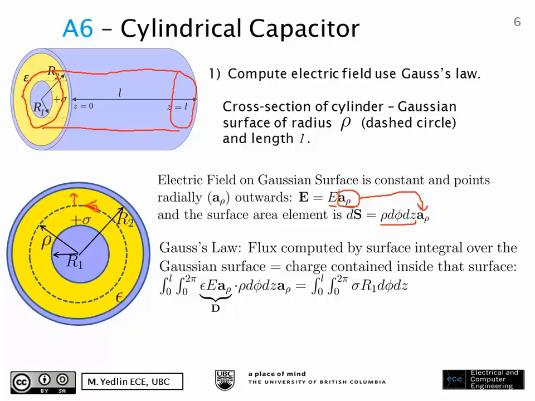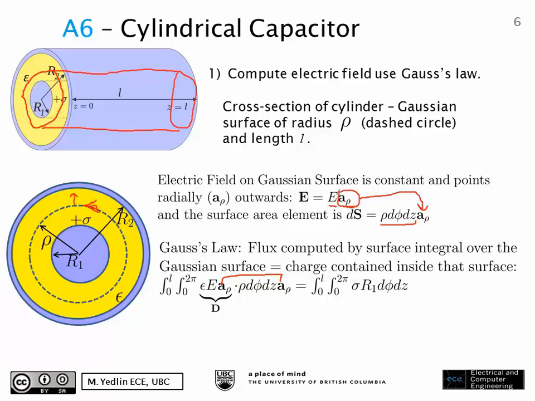So let's look at the details. Here, our total flux is epsilon times the electric field right there. This is a constant. It's in the radial direction, and you can see we're dot producting a_rho with a_rho, and this is a straightforward integral to do, which we'll look at on the next slide.